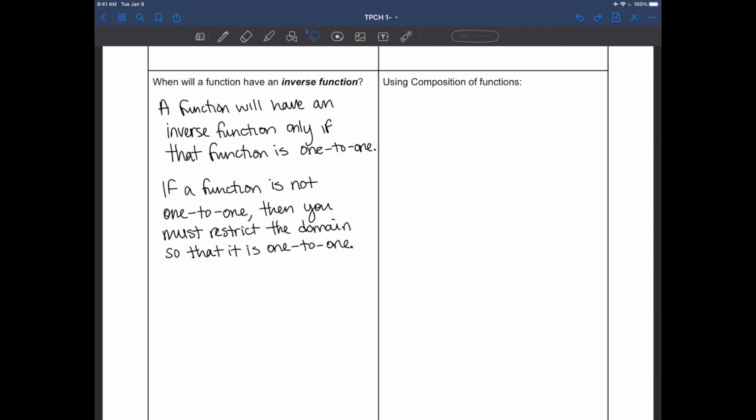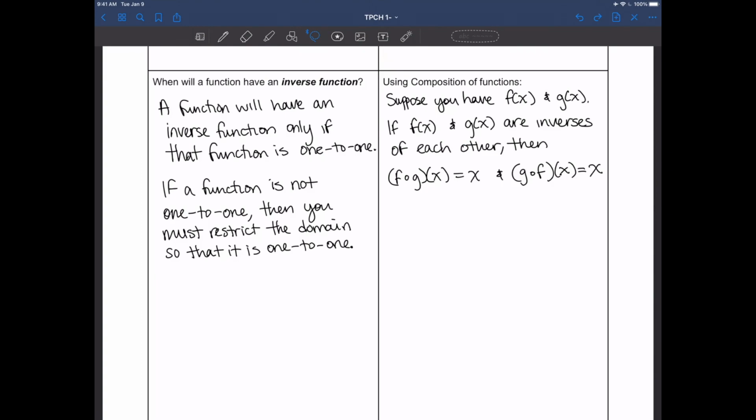Composition of functions: if you have f of x and g of x, and they are inverses of each other, then f composed with g of x will equal x, and g of f of x will equal x. That was a lot. So f of g of x is x, and g of f of x is x. You should have this when you perform that composition. If you do, then you can conclude that f of x and g of x are inverses.